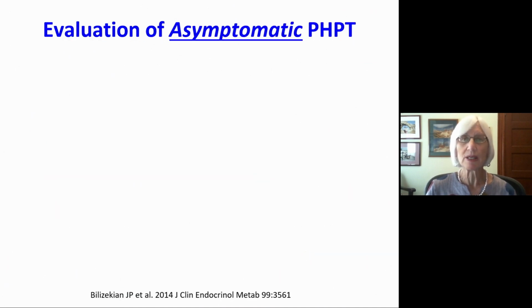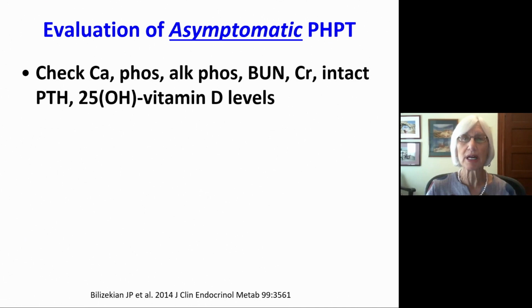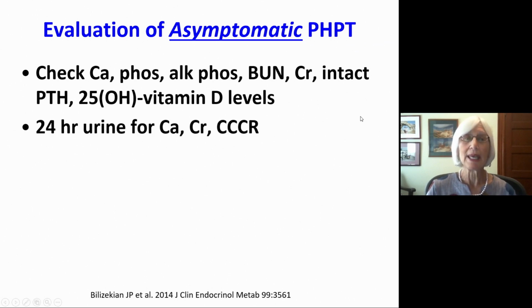Let's go over the evaluation of asymptomatic primary hyperpara. It's important to check all of these things: calcium, phos, alk phos, renal function, intact PTH, and 25D. A 24-hour urine for calcium and creatinine excretion, and then you can measure the calcium creatinine clearance ratio, which is a simple formula.